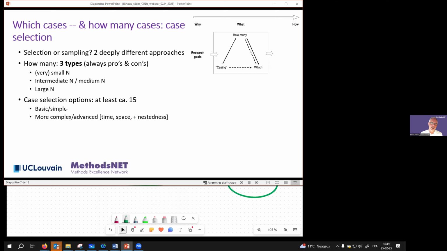They're pretty strong, actually, and moving towards more complex or advanced options, where especially you add up some dimensions of complexity, time, space, nestedness, which then leads you to complexify the whole operation and also to multiply the number of cases in many ways. Now, I have absolutely no time to discuss all the 15 of them.